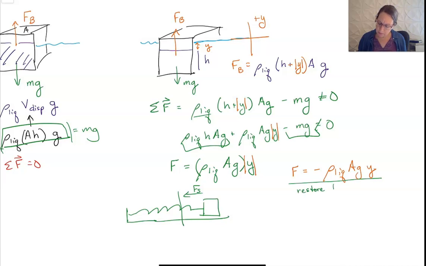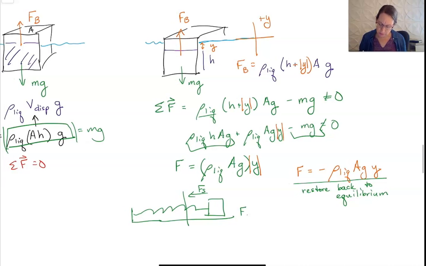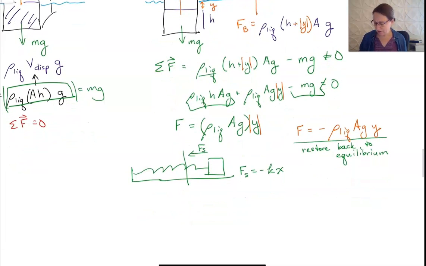That looks like the same form as our spring force, where the spring force is equal to minus kx. And for the oscillation of a spring, we have omega equal to the square root of k over m. In this case, what stands in for the k, the restoring force, is what I've just circled.